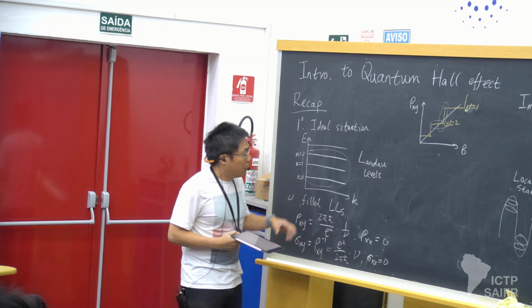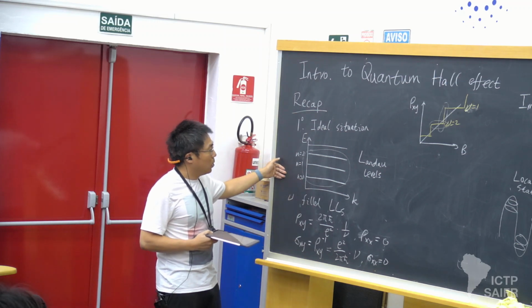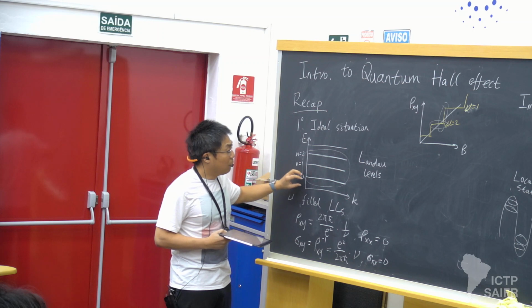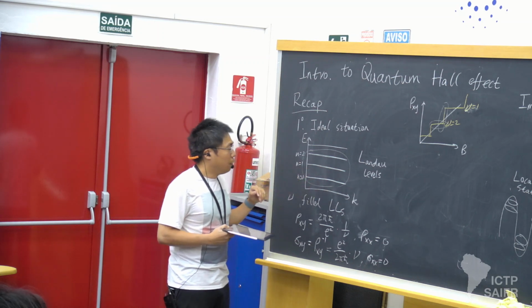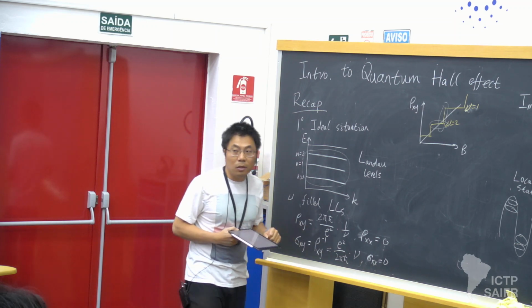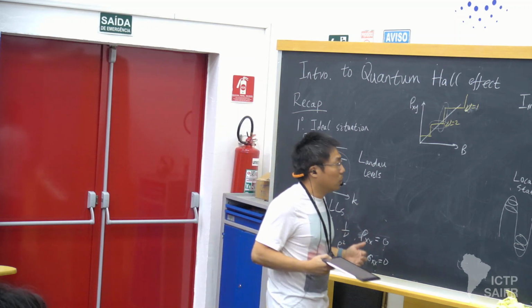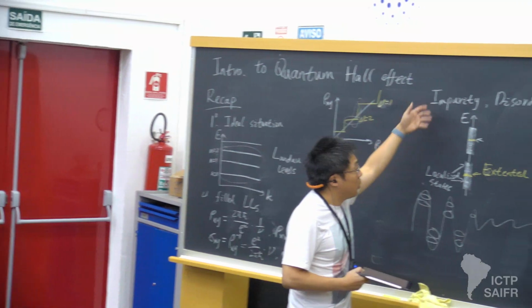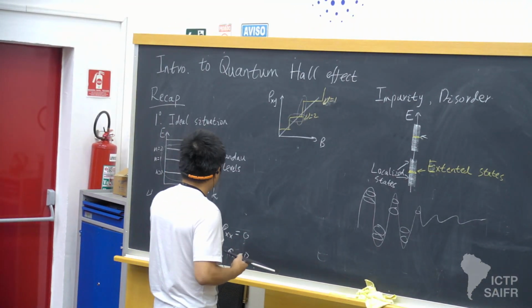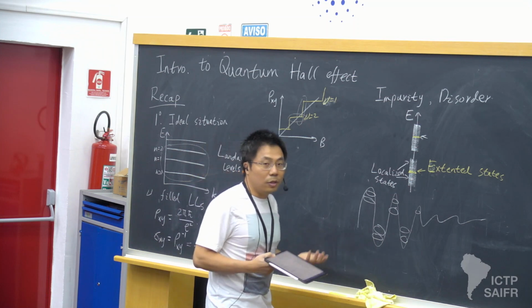So from this ideal situation, we know how this number comes about. It comes from the fact that when you entirely fill one ideal Landau level, you get this number, right? Now, you might be wondering, in reality, once we have those disorders and so on, this number may change, right?